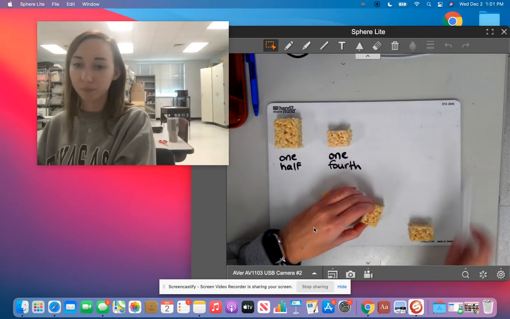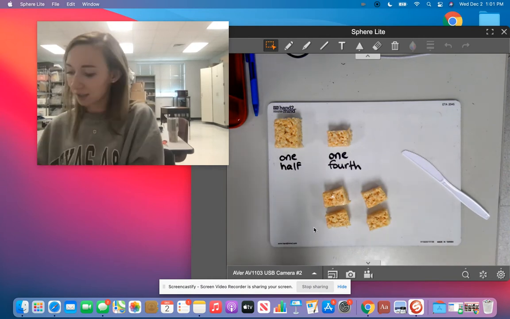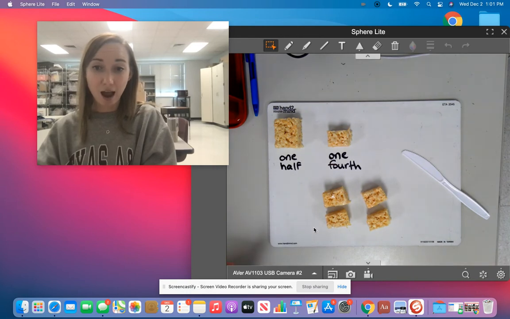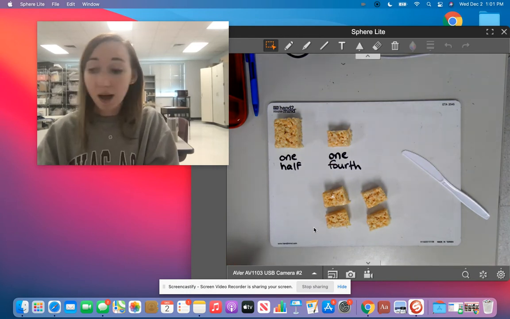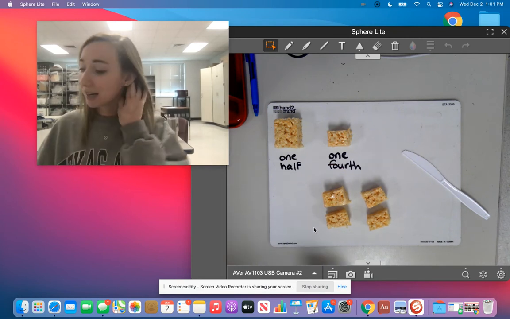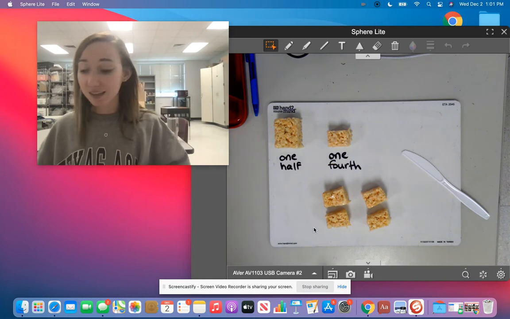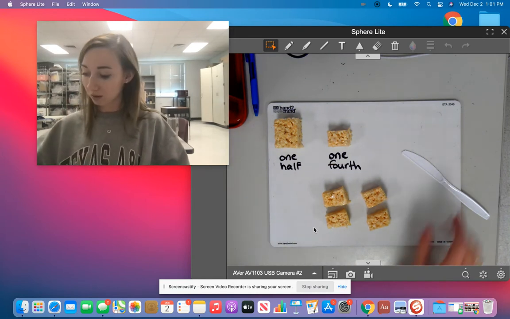There we go. Okay, so now I have how many pieces? 4. So this is only 4ths, right? How many more pieces do I need? I still need 4 more pieces. Well, how am I going to get 4 more pieces? Tell me what I need to do. I need to cut each one of these pieces into 2 parts that are equal also.